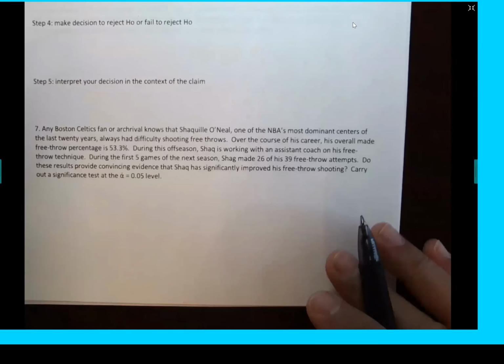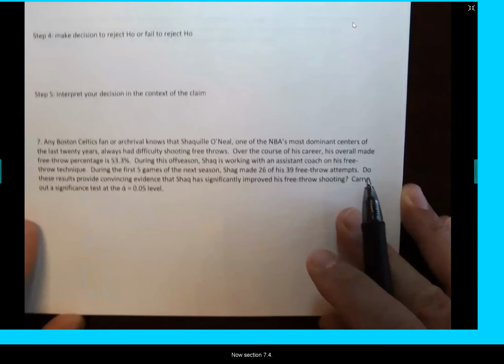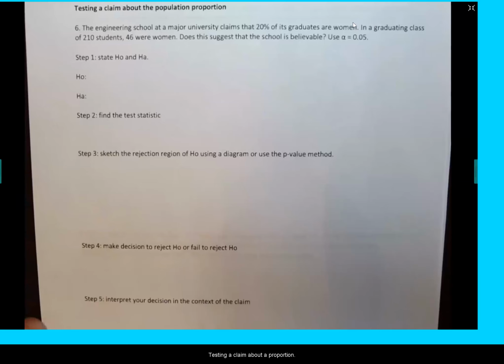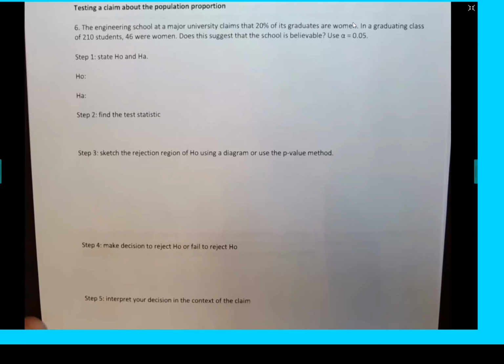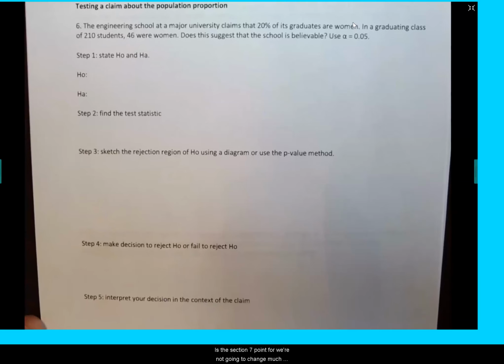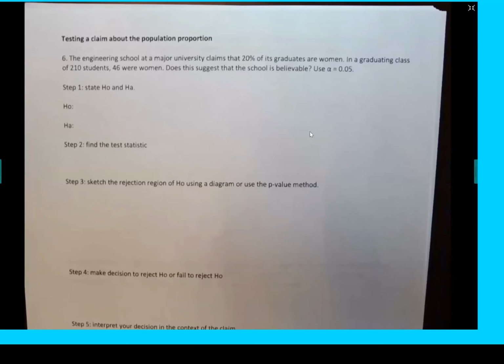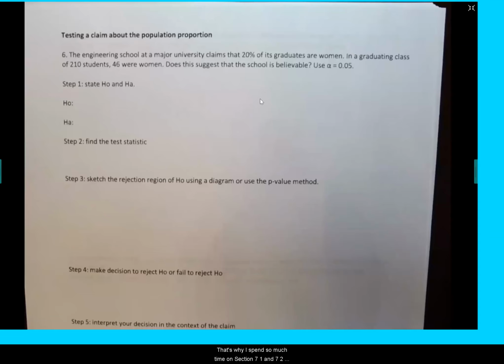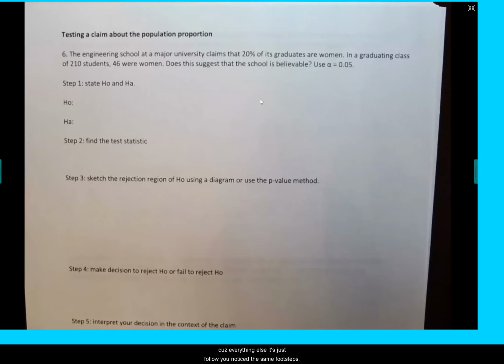All right. Now section 7.4. Testing a claim about the proportion. We're not going to change much, guys. You're going to see we're going to keep going with what we did. That's why I spent so much time on section 7.1 and 7.2, because everything else just follows the same footsteps. So now we're not going to be testing the mean anymore.